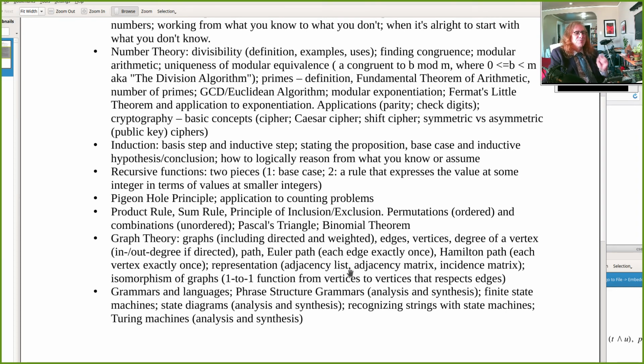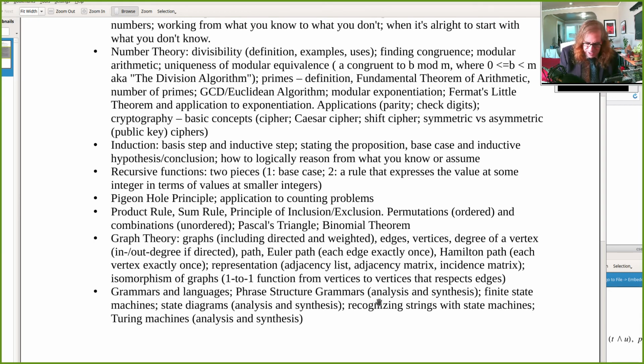All right, representations of graphs. So three main ways we've talked about to represent a graph: adjacency lists, adjacency matrices, and incidence matrices. And chances are I'm going to ask you about adjacency matrices.